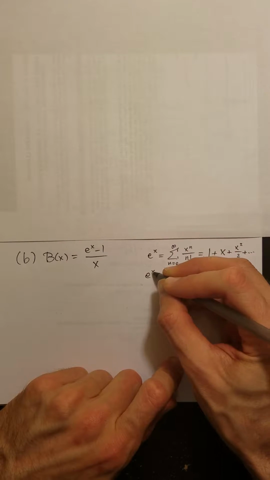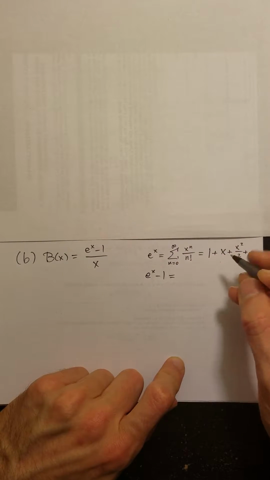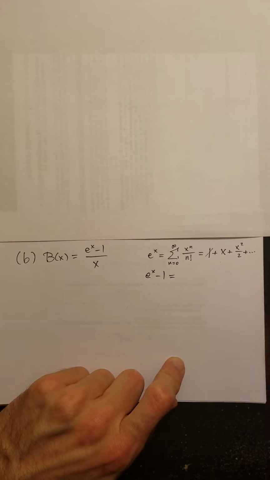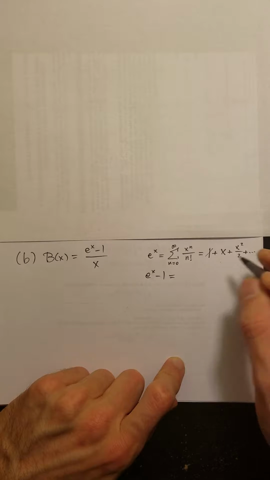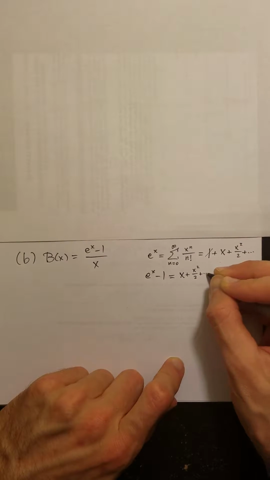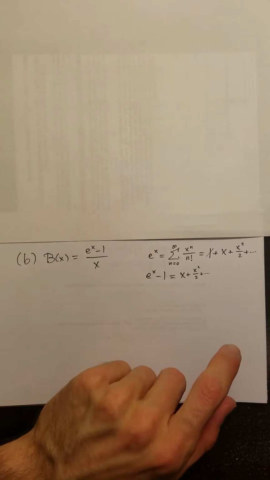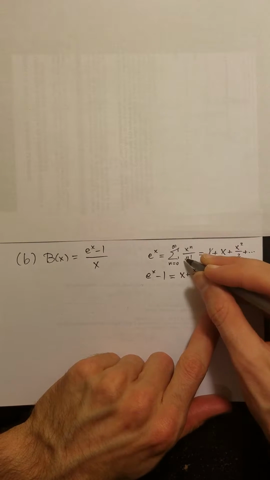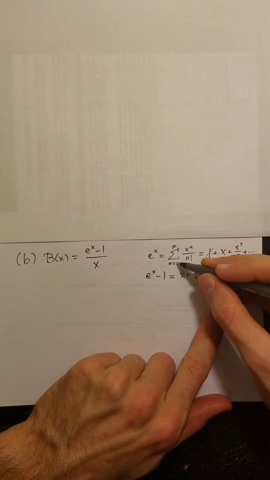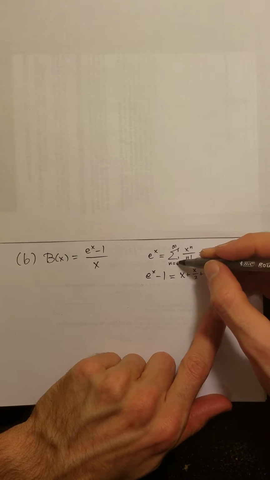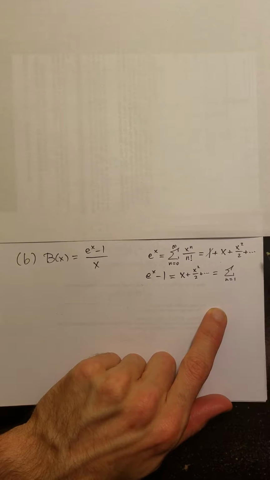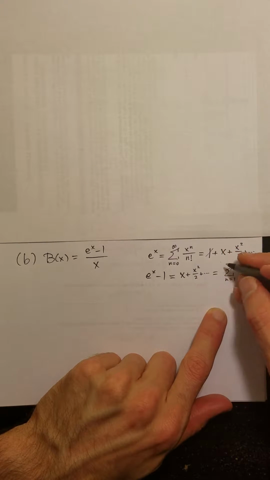So then when we do e to the power x minus 1, we see that we just lose this 1 in front of this power series. So we're going to get the remaining terms, so we'll have x plus x squared over 2 plus x cubed over 6, and so on and so forth. And if you want to write that out as a power series, now we're starting our terms at n equals 1 instead of n equals 0, because our n equals 0 term corresponded to 1, and we didn't lose any of the other terms.